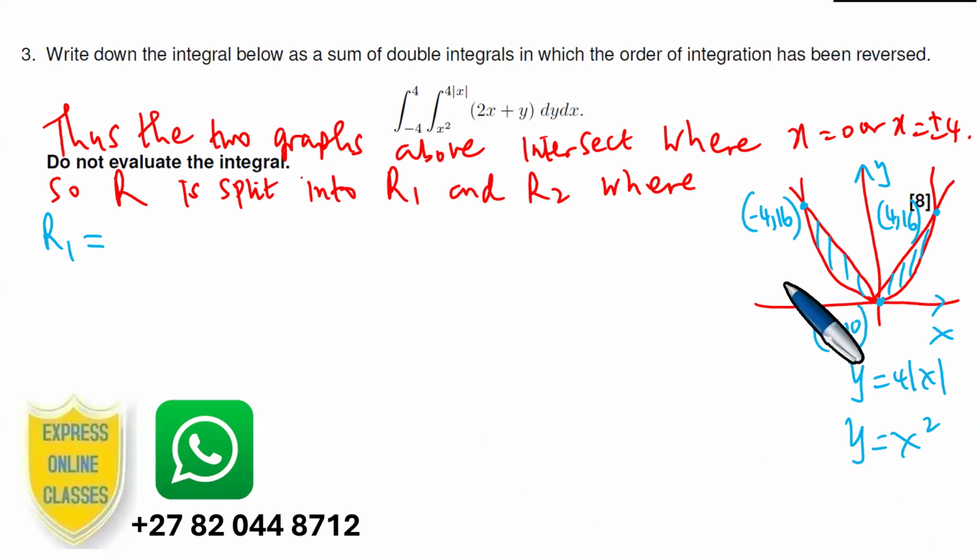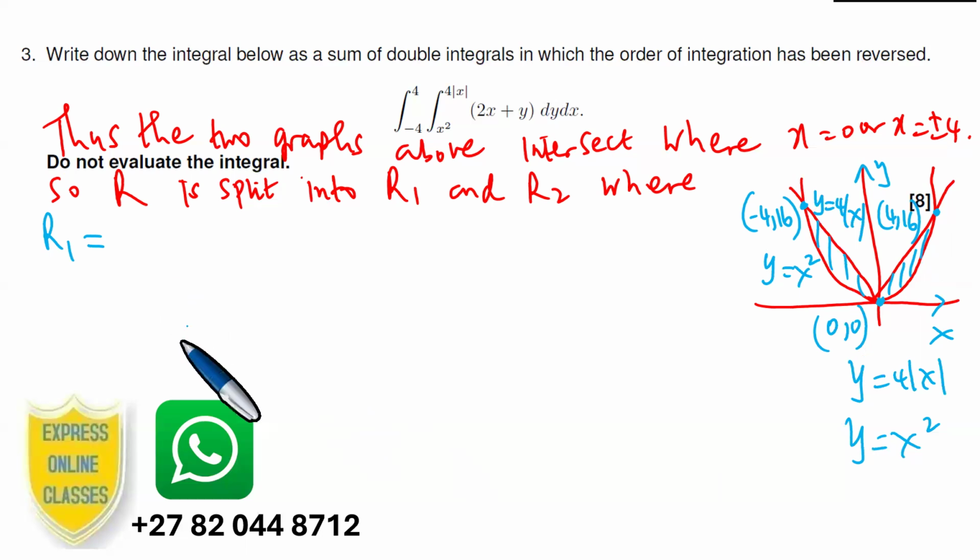So the absolute value function forms a V, and the parabola is like that.